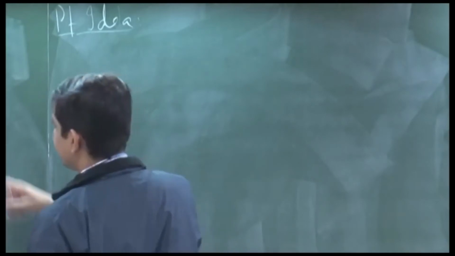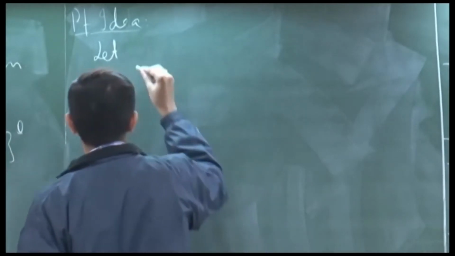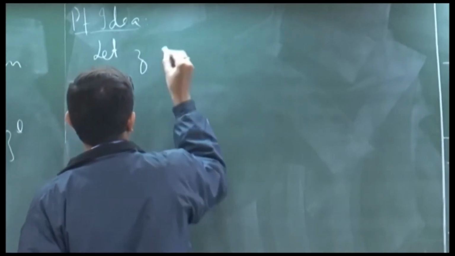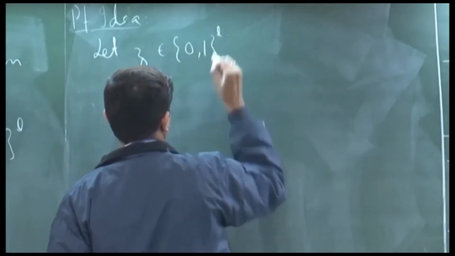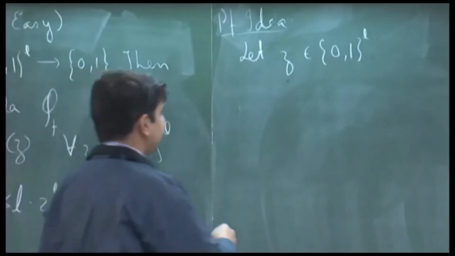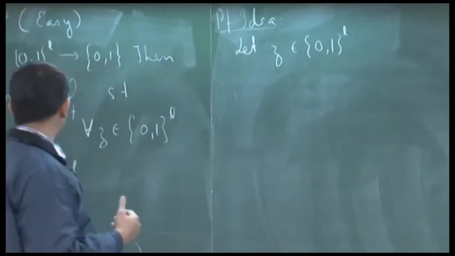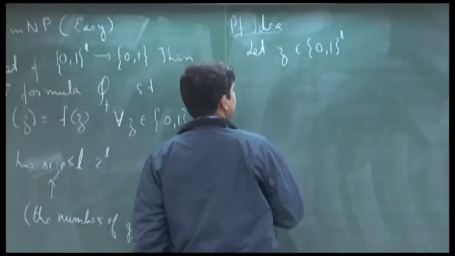Suppose we look at some string Z of length L. For Z we can create a formula, not a CNF, which has the following structure.